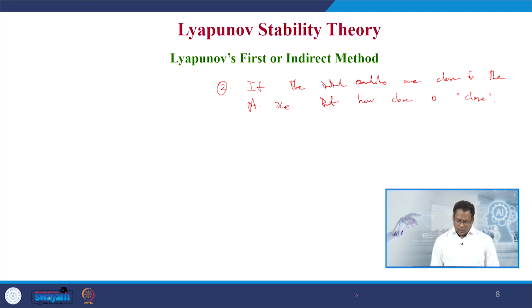Okay, so these are the difficulties associated with first approach.